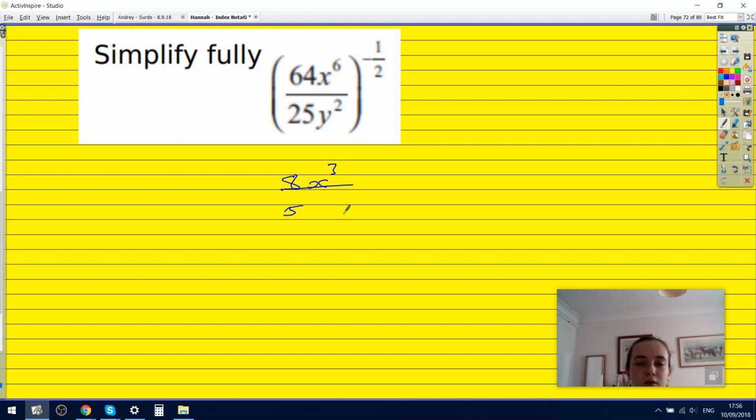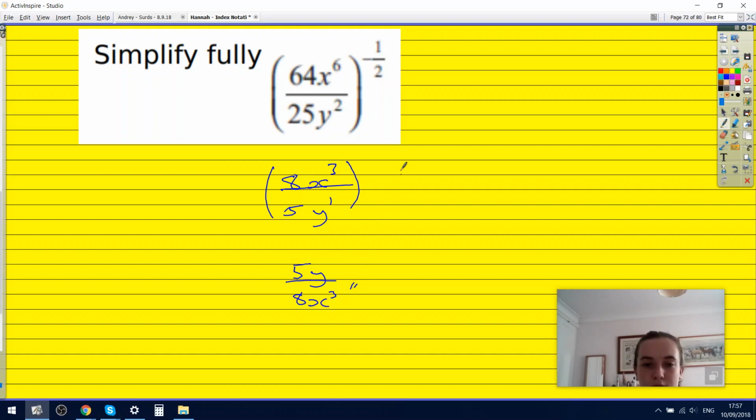Yeah. 5y to the 1. So that would be if it was to the power of a half. This was to the power of minus a half. Then 1 over that. Yeah. And how do we do 1 over a fraction? So 5y over 8x cubed. Well done.